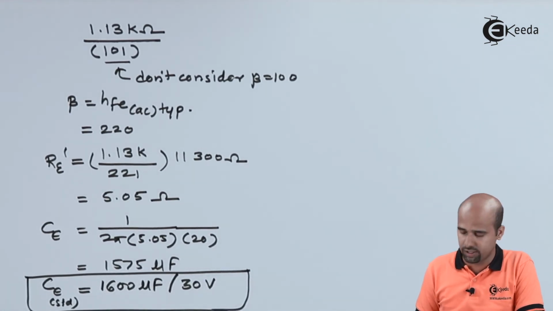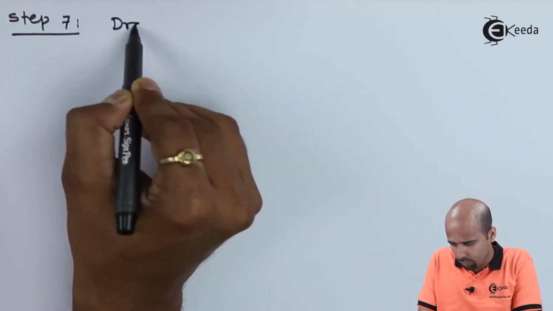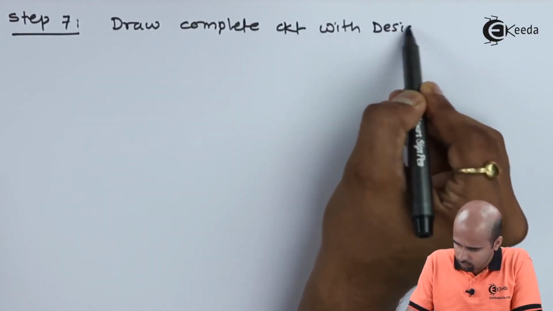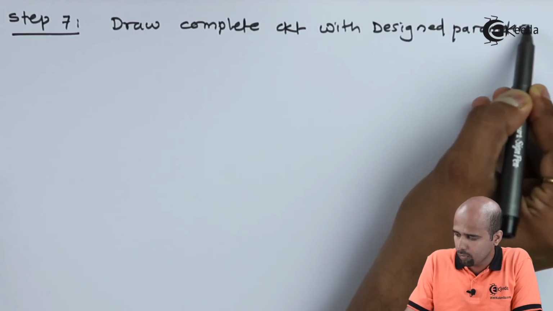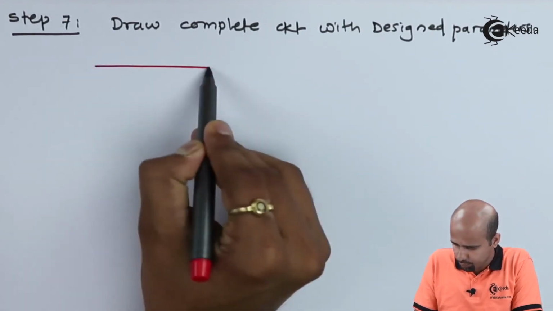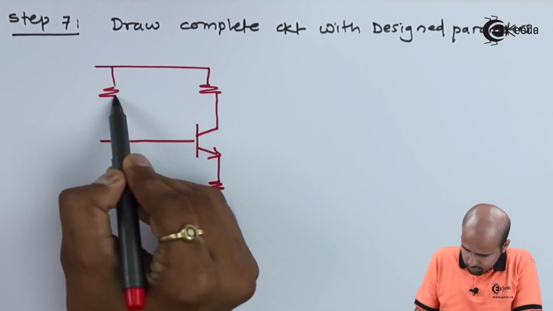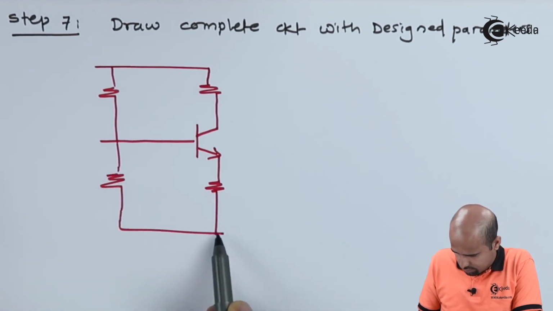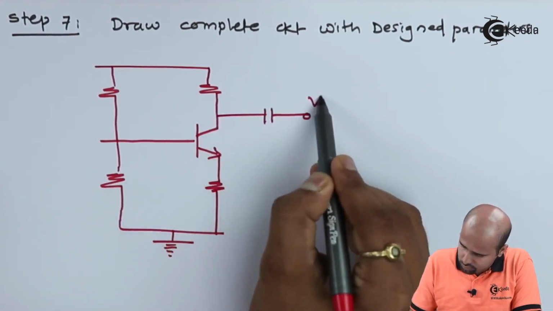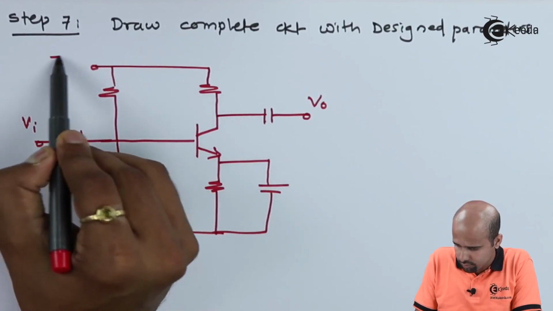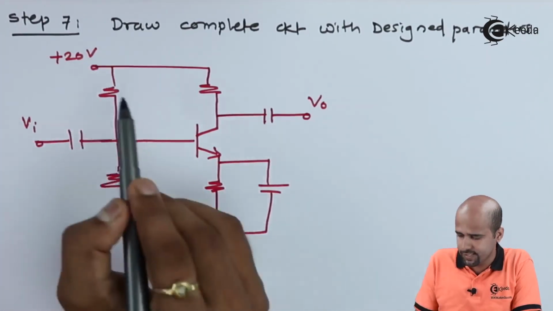This is how we have completed your design. Now the next step is to draw the complete circuit with designed parameters. This is 20 volts plus VCC.